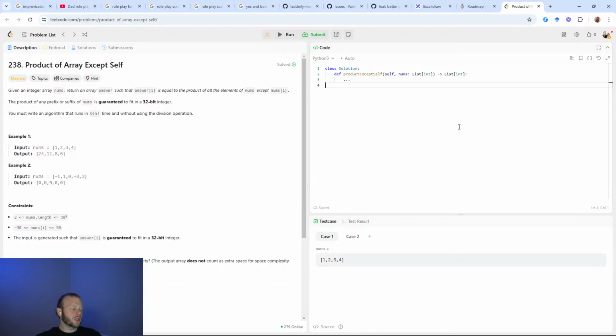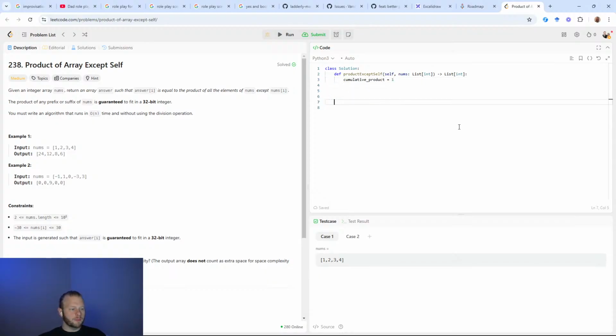The follow-up is interesting. Can you solve it in O of 1 space complexity? So we want to do this thing in place. So I could get the cumulative product of all nums. That'll be the trick, right? I think that'll be the trick to get an O of 1. Cumulative product equals 1.